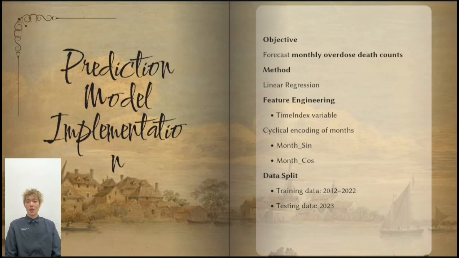Months repeat every year, which means December and January are actually close in time. To show this repeating pattern correctly, we use sine and cosine functions. These math functions help the model understand the cyclical pattern of the months.